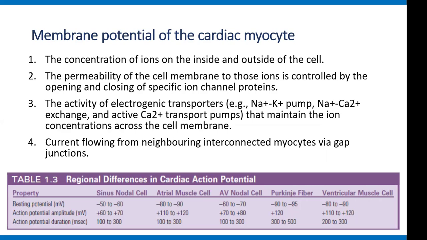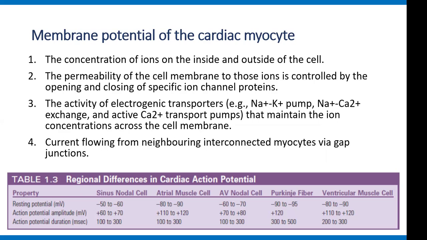And then we have these pumps, and these are sort of transporters that are involved in maintaining the ions across these cells. We have the sodium, potassium, the sodium, calcium, and then there's an active calcium transport pump that is also involved. So what also happens is that because of the gap junctions that are available, you can have flow of ions in between cells that can also influence the membrane potential of the myocyte.